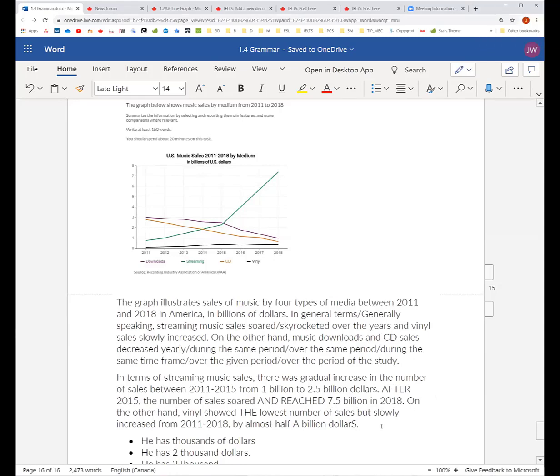Okay, because both vinyl and streaming music increased, can we put on the other hand in between? Yeah, I mean, it's okay, fine. Because the pattern is different? Mm-hmm. Okay. Because on the other hand, the contrast is that vinyl has the lowest number of sales, but it's slowly increased.